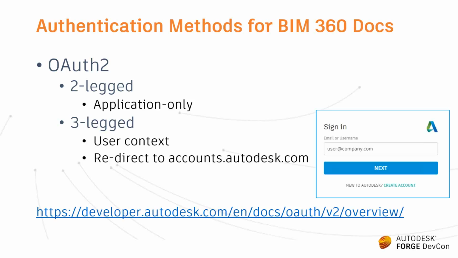And three-legged is more about the user context. So each user will be logging in and the accessible data will be for that user only. It redirects to account.autodesk.com and then pops up the same UI that Autodesk uses.